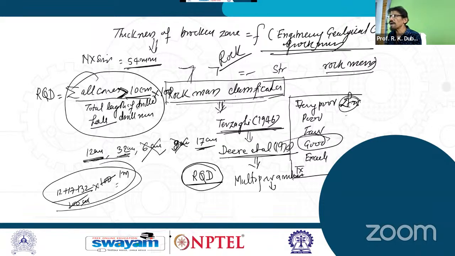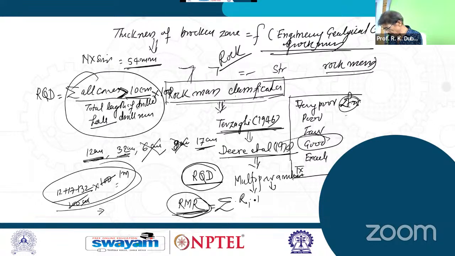Here two attempts, one by Bieniawski in 1973. Bieniawski suggested the rock mass rating system, an attempt to include various geotechnical parameters of ground like uniaxial compressive strength of the rock, rock quality designation RQD, joint spacing, joint condition, groundwater condition, joint orientation, etc. He has simply summed all the parameters in the form of ratings, parameter 1, parameter 2, parameter 3, all which we have already described.